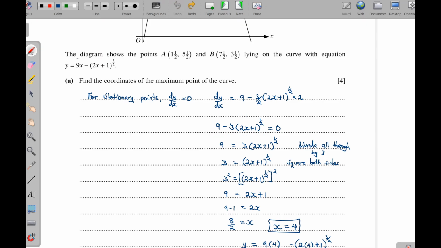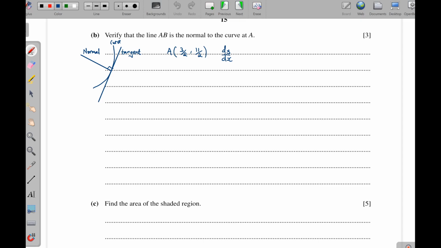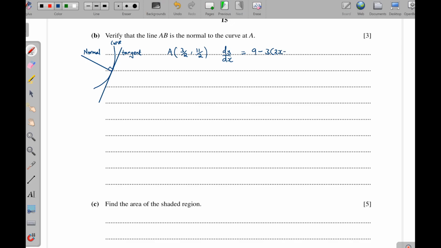So I'll have 9 minus 3 into 2x plus 1, then power a half. So x is 3 over 2, so times 3 over 2, then plus 1, power a half. 3 plus 1, that is a 4. Then 4 power a half, that would be a 2. Then 3 times 2, that becomes a 6. So 9 minus 6 gives us a 3.